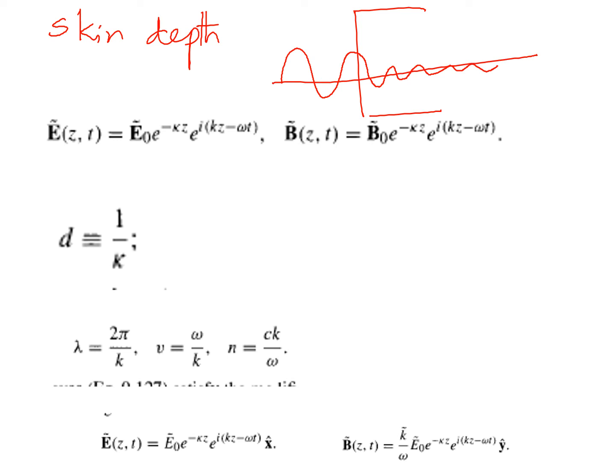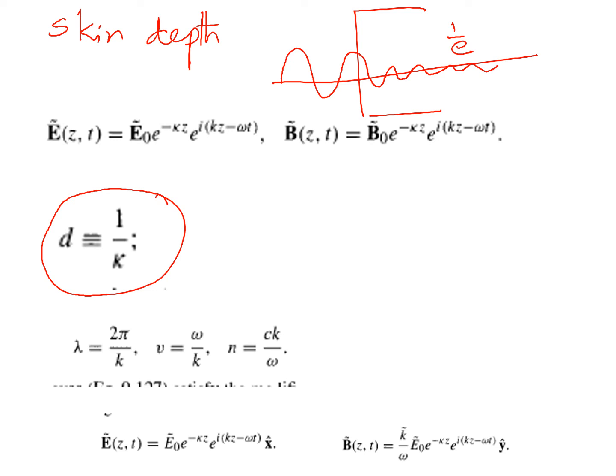The distance it takes to reduce the amplitude to 1 by e of the initial value is called the skin depth. It is equal to d equal to 1 by kappa. It is a measure of how far the wave penetrates into a conducting medium.